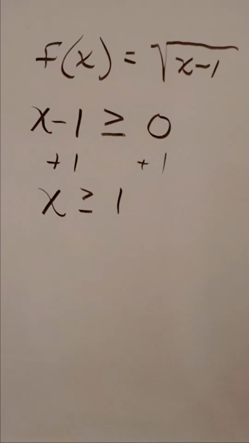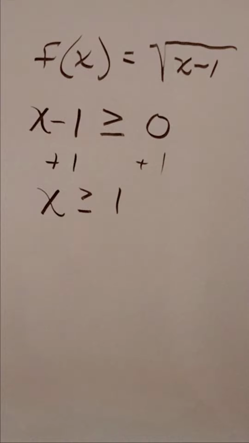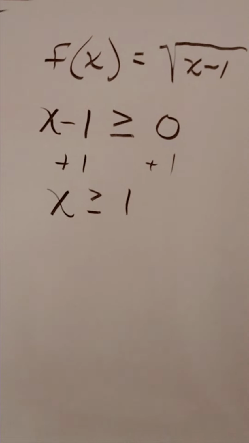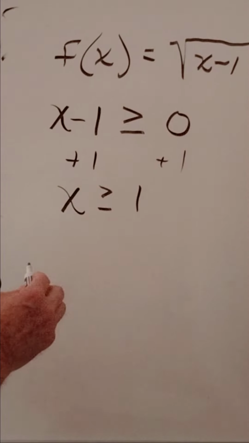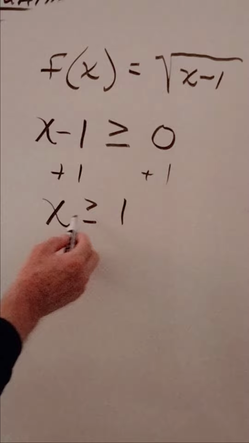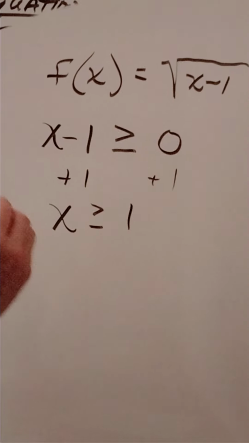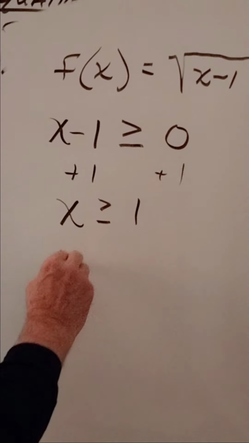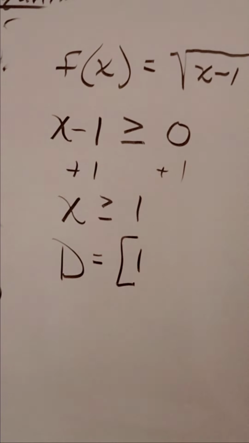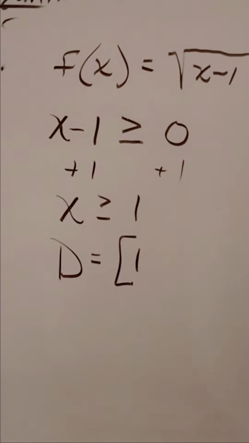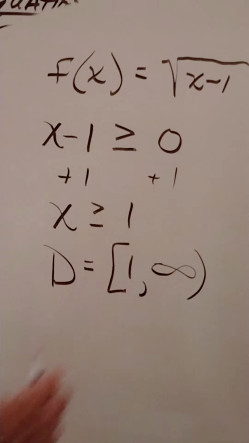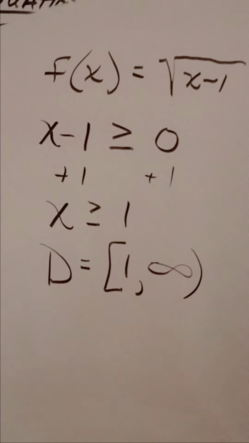Fraction, decimal, just as long as it's greater than or equal to 1, it will satisfy. Now, how do we take this x is greater than or equal to 1 and translate it into the interval? Well, because the equal sign is there, that means that the domain can be 1. You make a bracket. You put 1, comma, positive infinity, and you have the domain for that given one.